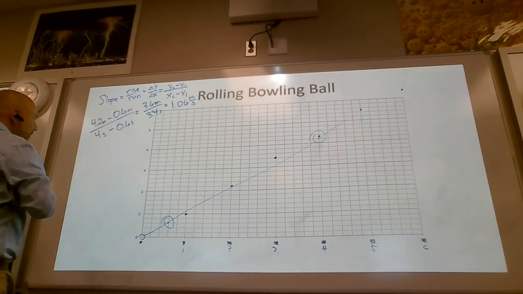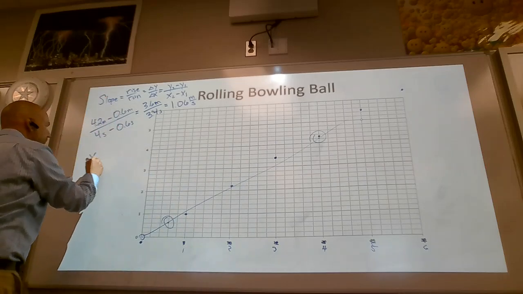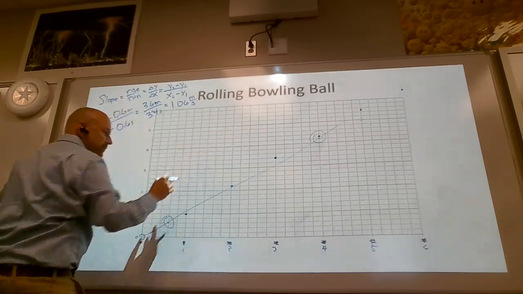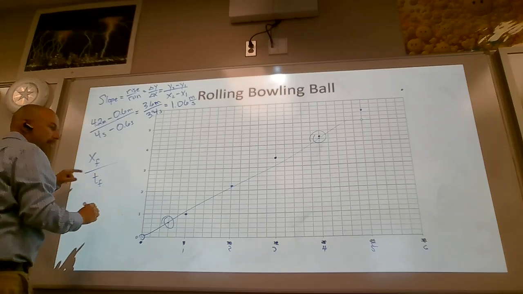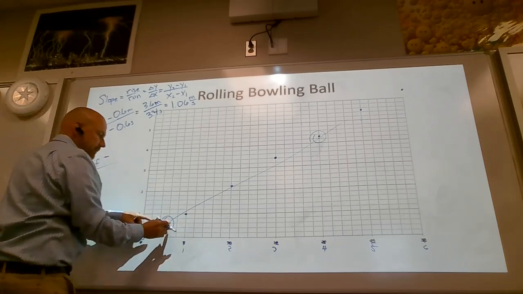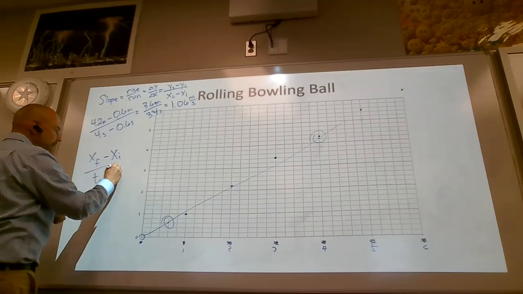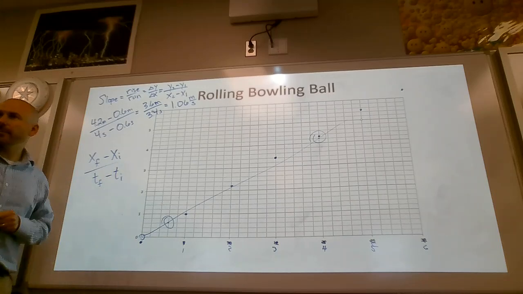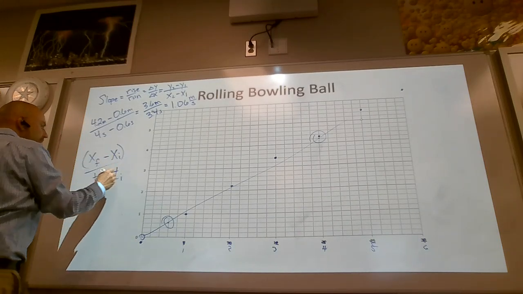Okay, so check this out. So y2 minus y1, we were doing final position over final clock reading minus initial position over initial clock reading. What is this quantity?